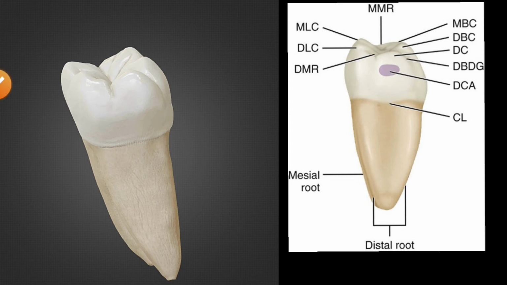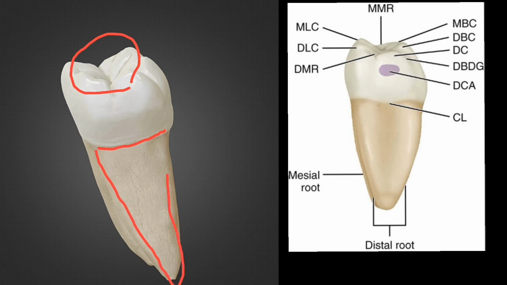The cervical line is a bit irregular from this aspect, and the distal root is seen and it is narrower than on the mesial aspect.